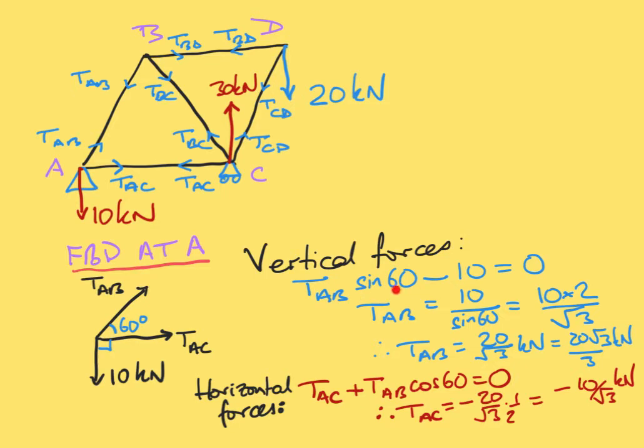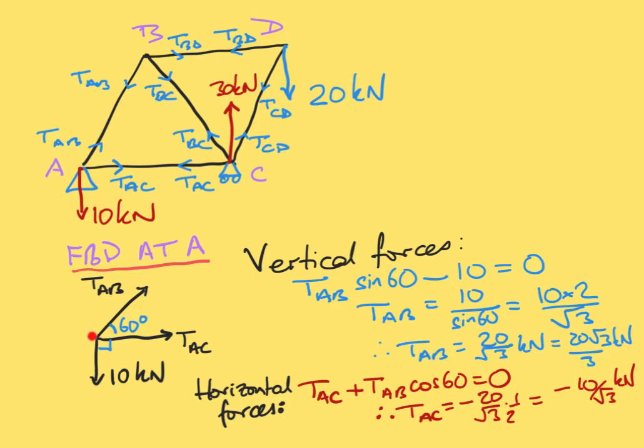So let me just write TAB sine 60 upwards, and then it's minus 10 kilonewtons acting downwards. They must sum to 0. We take the 10 to this side, divide by the sine of 60. We know what the sine of 60 is. This is our result for TAB, written that way, or if you prefer, you could multiply top and bottom by the square root of 3 to write it in this format.